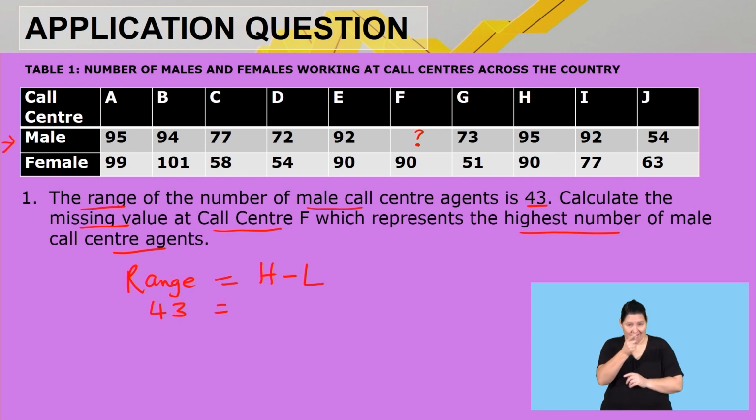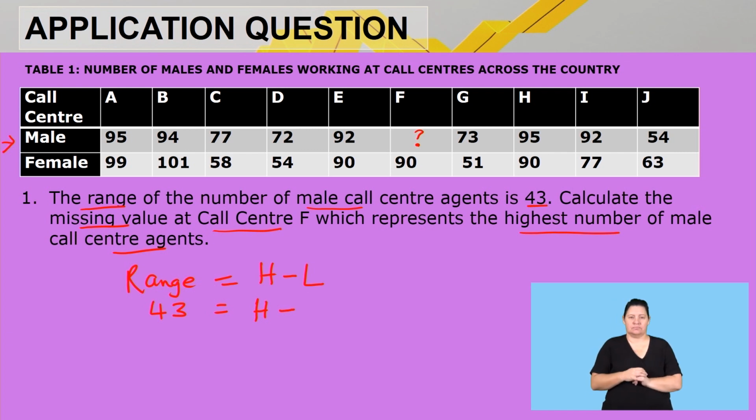Based on my formula that says range equals highest minus lowest value, it says here calculate the missing value at call center F, which represents the highest number. So do I know what the highest number is? No. I'm looking for the highest number. So therefore, I'm going to keep H, which represents the highest number.